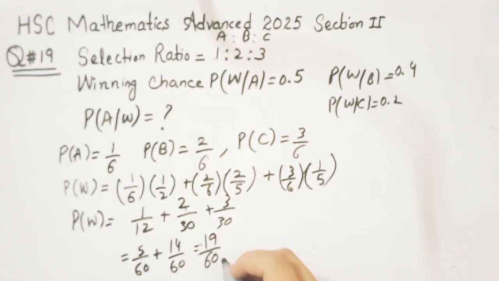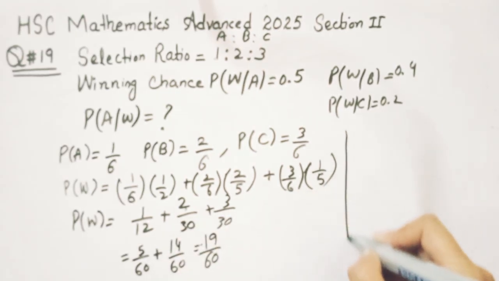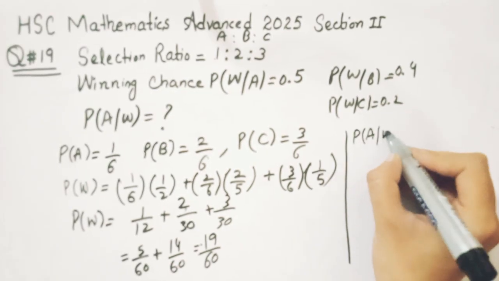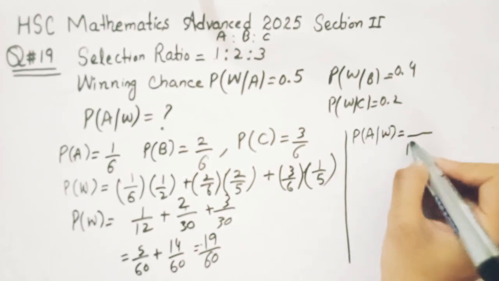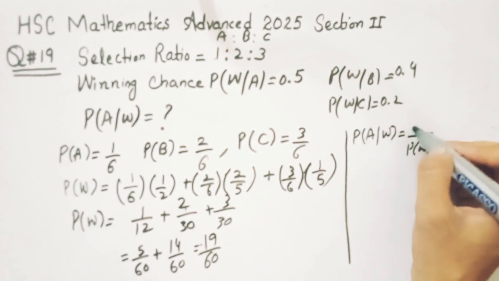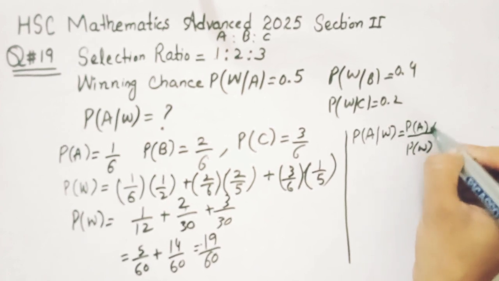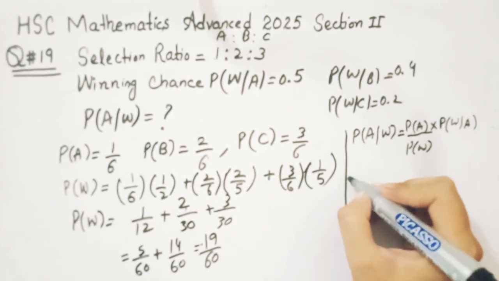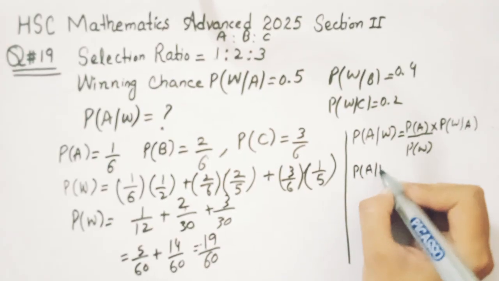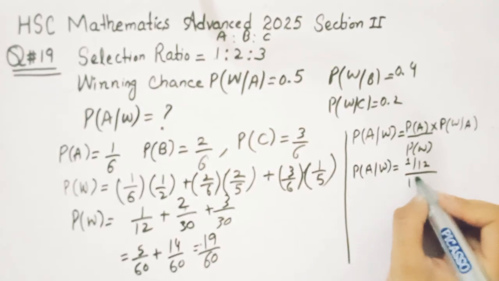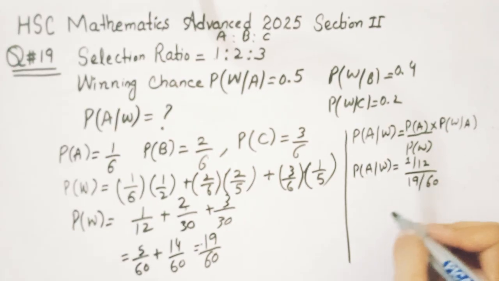Now you have to find the probability of A given W. This means the probability of A times the probability of W given A, divided by the probability of W. Substituting all the values, the probability of A given W is 1/12 divided by 19/60.